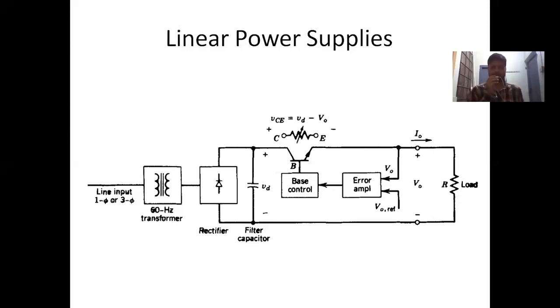One of the most elementary or basic linear power supplies is using a regulator IC. I don't know whether you have made it or not, but generally when we make hardware, we make a linear power supply using a regulator IC. 7805, all those ICs.